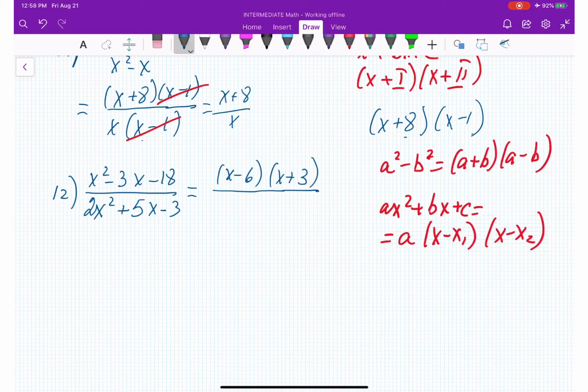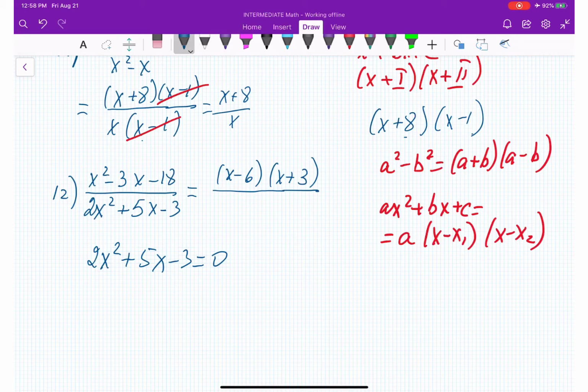I can write here 2x squared plus 5x minus 3 equals 0. Remember, we always start with assigning to 0. Otherwise, you can't solve for x1 and x2 if you don't have an equation, because an expression we can only simplify. Remember, only an equation we can solve for x1 and x2. Therefore, I put it equal to 0.